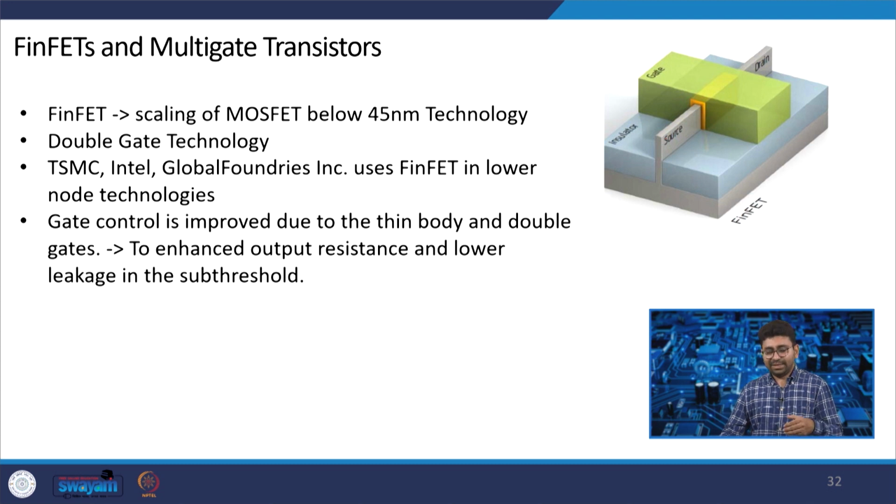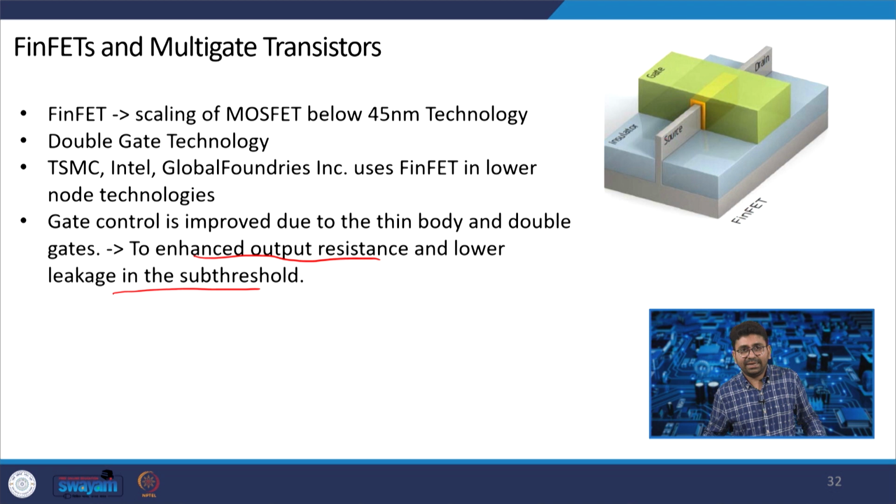Now, in this case gate control is sufficient, and due to that it is also possible to enhance the output resistance and lower the leakage in the subthreshold. So, we can have an improvement in the output resistance, and it will lower the leakage in the subthreshold.